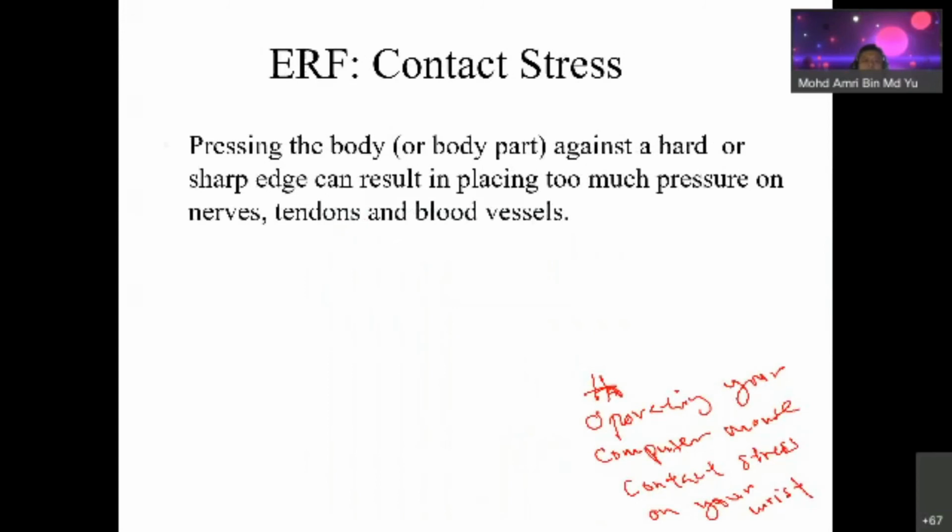So what is contact stress? Basically, the body or part of the body is pressed against hard or sharp edges. It will introduce a high amount of pressure to the nerve, tendon, or blood vessel.